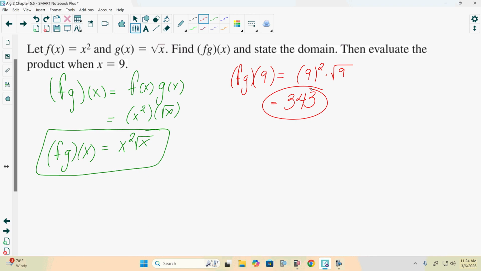Thank you. I can lose numbers very easily between one slide to the next. So, yes, if you notice the numbers are off, tell me. 243, because we should expect this number to be pretty big because 9 squared, 9 times 9, is 81. Then we're multiplying it by the square root of 9, which is 3.